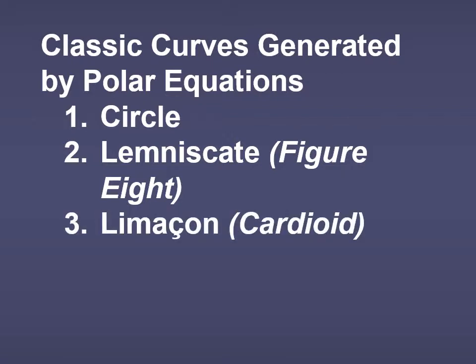A limaçon is another type, and there's actually a special type of limaçon. It classifies even further. There's just a limaçon without a loop, a limaçon with a loop, and then there is a limaçon that is specifically a cardioid. Then we have a spiral, in particular Archimedes spiral, and then we have a rose, which you'll have been graphing knowing the number of petals.